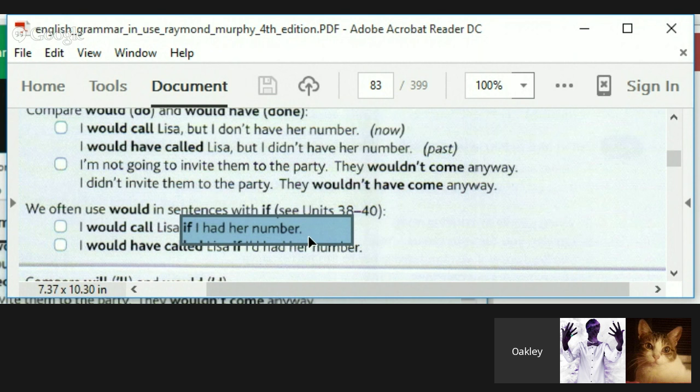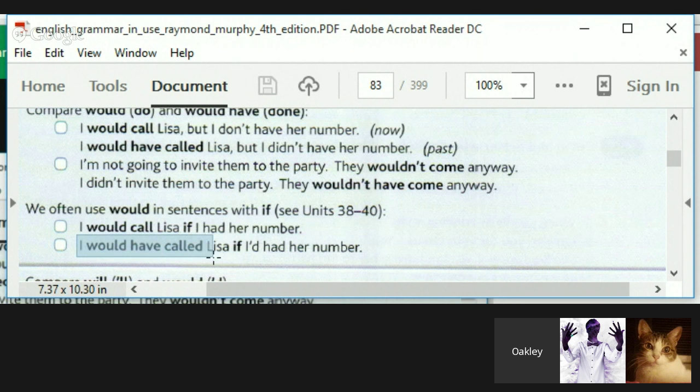All right. So will is obviously used for future tenses, future actions. Would can be used to talk about the future, but more in an unreal way. All right, but besides that, this is a conditional sentence, and this is how it's formed.